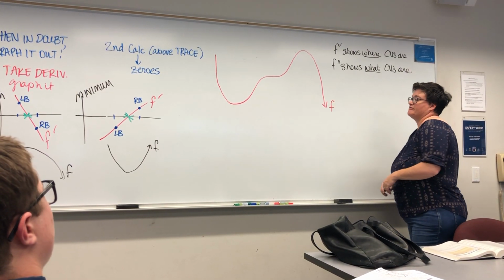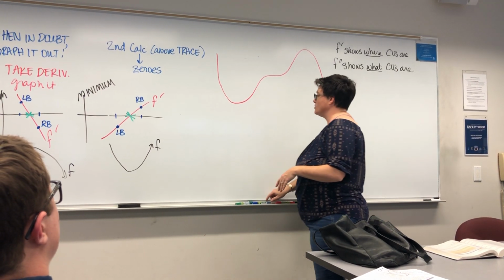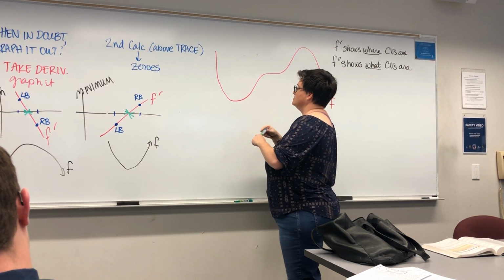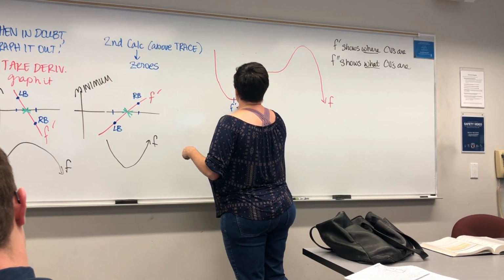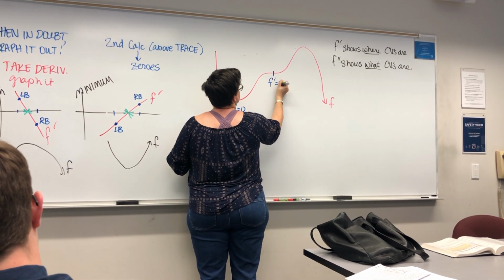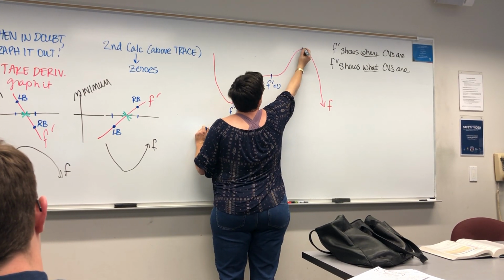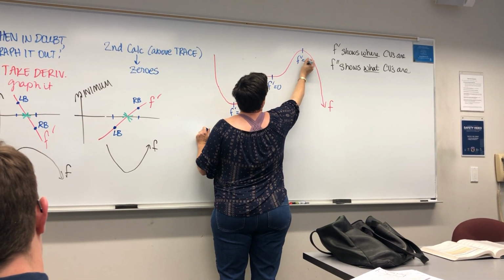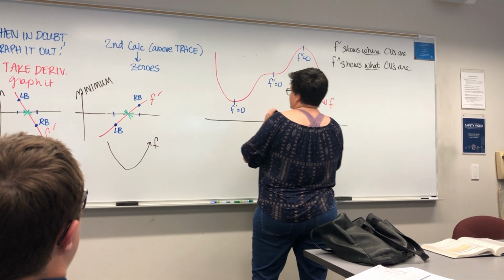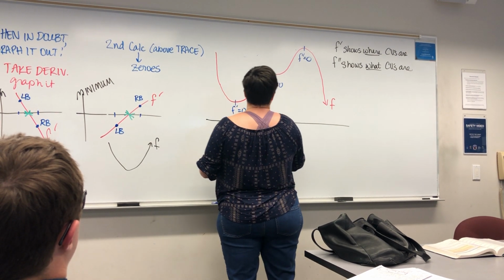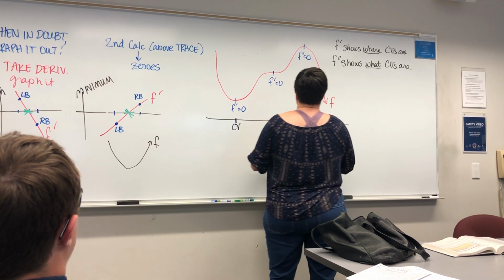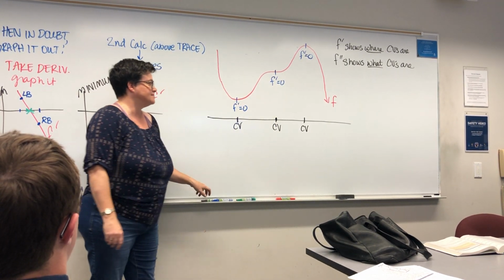And we have three choices: maximum, minima, and horizontal points of inflection. So quickly, where does my first derivative equal 0? Tell me where. Here. Where else? Here. Where else? Right there. So now we have three places where we have identified critical values. This is a critical value of x, this is a critical value of x, and this is a critical value of x. So far, so good, guys?